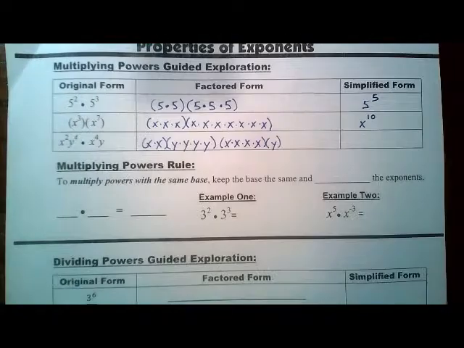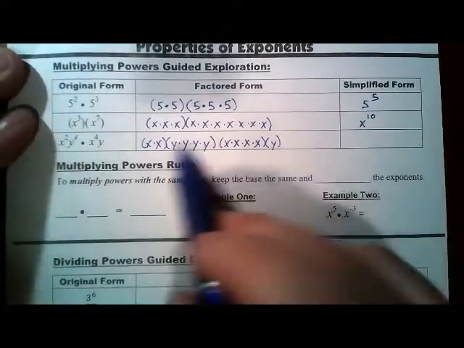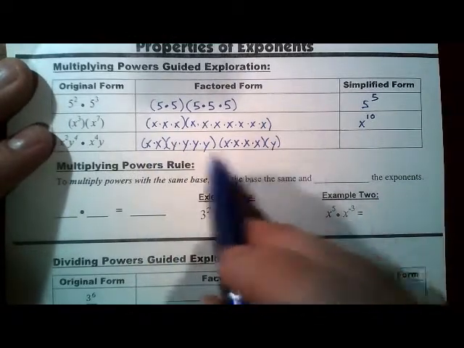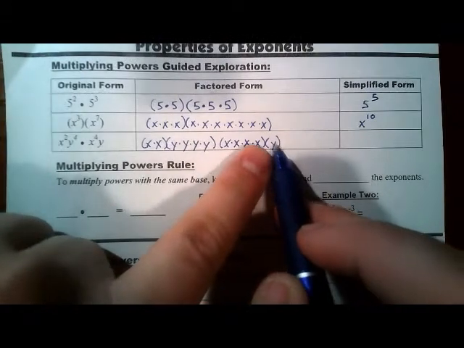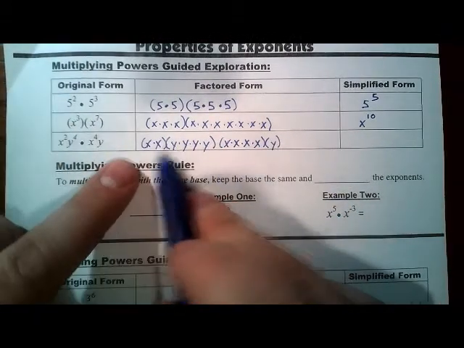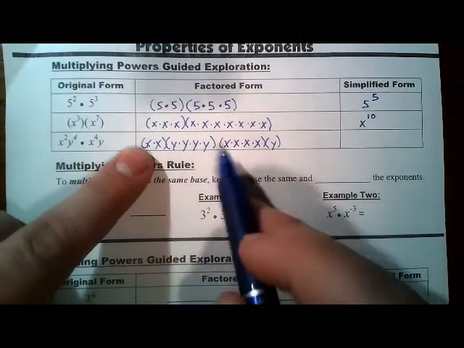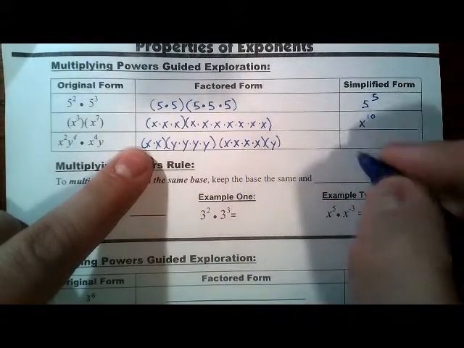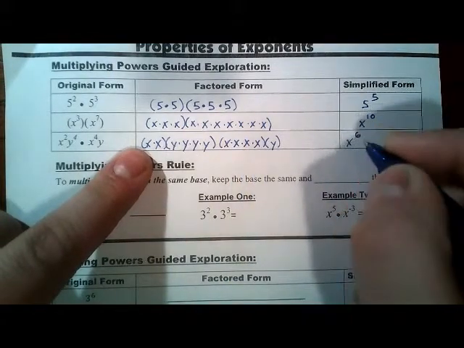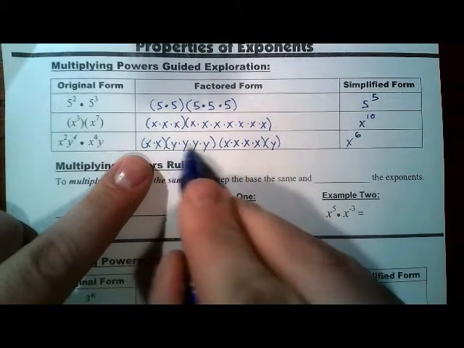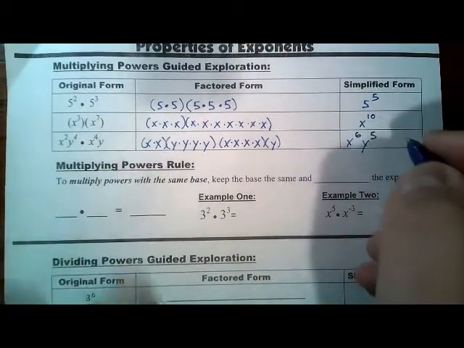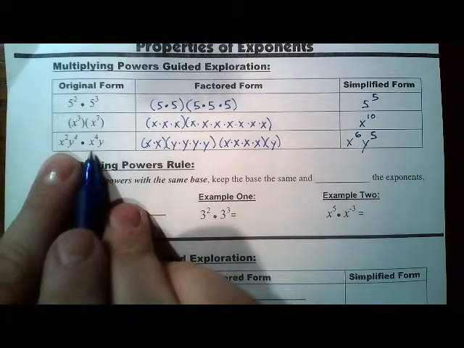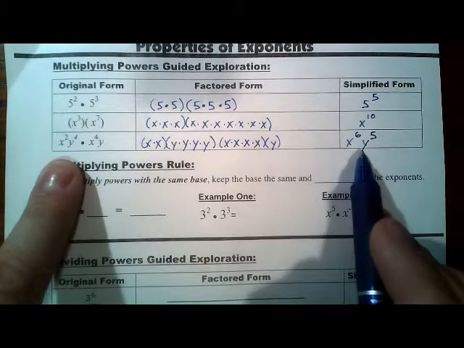Now, I can rearrange these, right? Now it's all multiplying, so it doesn't matter if all these x's are on the left and all the y's are on the right. So really, what I'm doing here is I'm multiplying x 1, 2, 3, 4, 5, 6 times, so x to the 6th, and y 1, 2, 3, 4, 5 times, so it's y to the 5th. So I went from this original form to this simplified form.